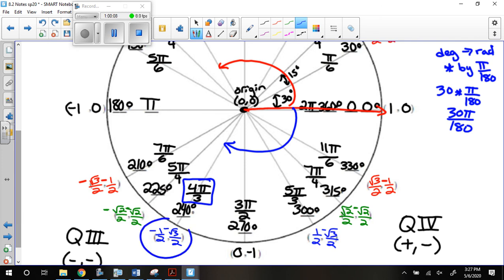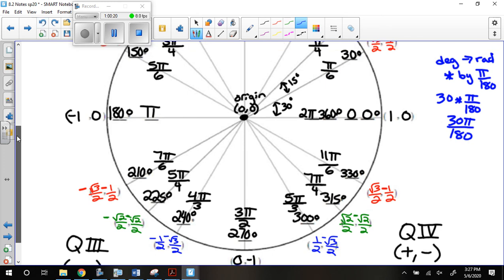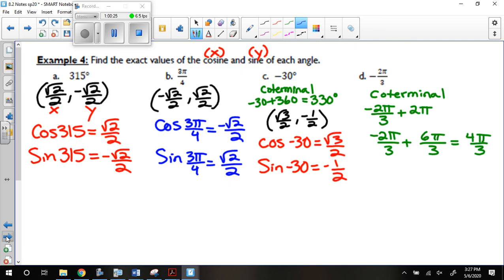So this is the ordered pair we're using: -1/2, negative square root of 3 over 2. Let me get rid of my drawings here. All right. So at 4 pi over 3, our ordered pair was -1/2, negative square root of 3 over 2.